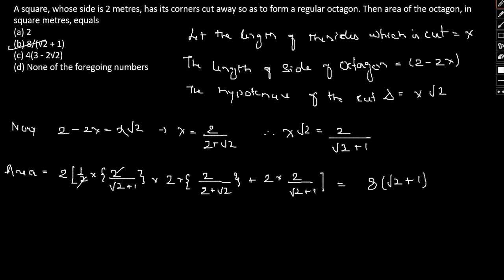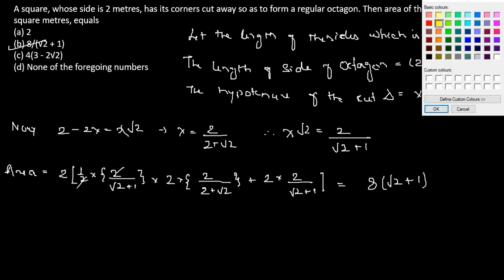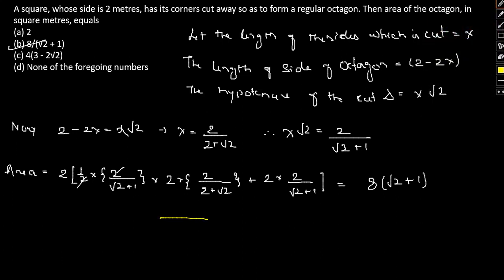Now, if I am to explain this in simple terms, what we actually did here is nothing but this: suppose we have a square here, say its side is 2, and we fold it from here, so x.